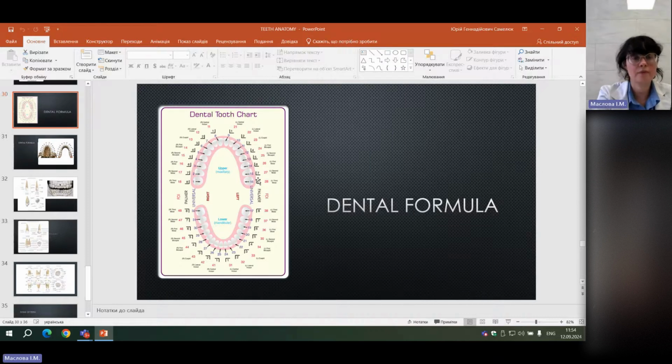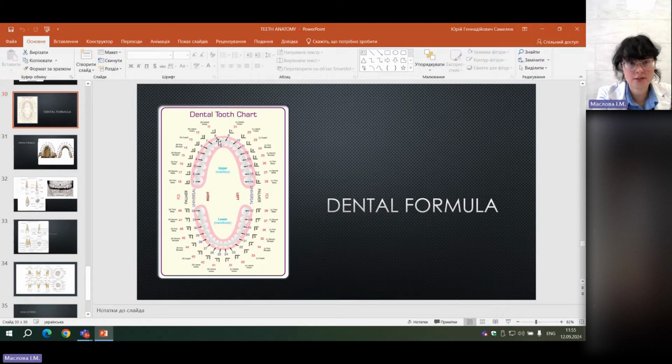For example, 11 is the first upper right incisor. The next example, 37, is a lower left second molar. And you have to know that each half of each jaw has 8 teeth maximum.